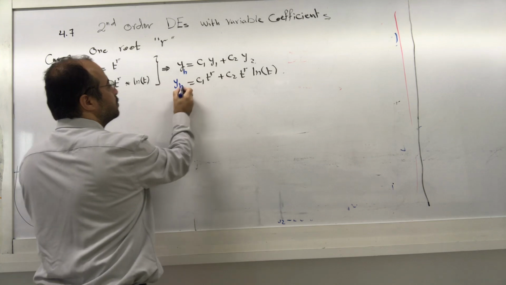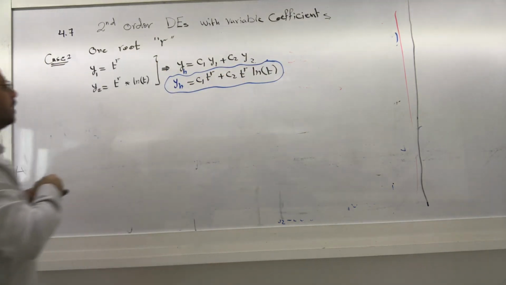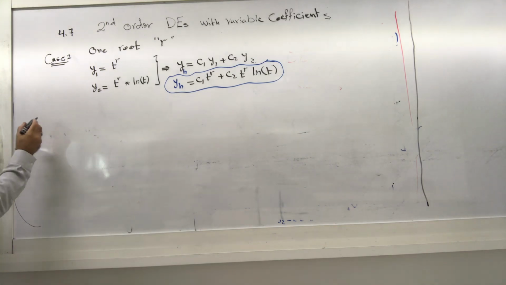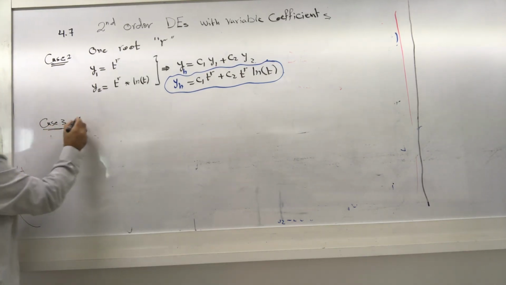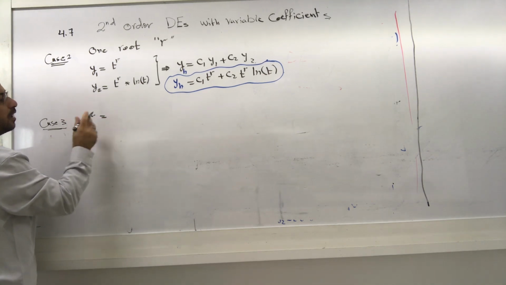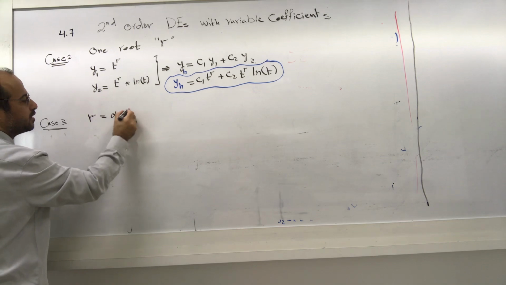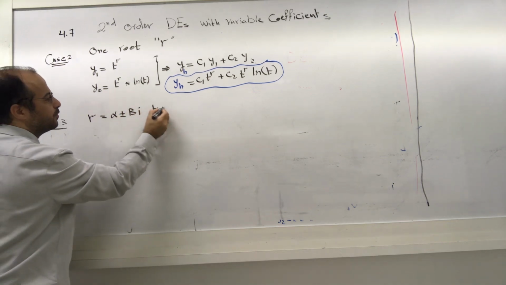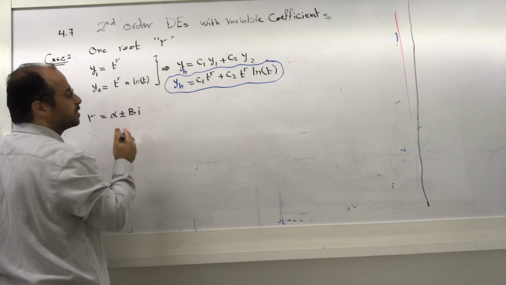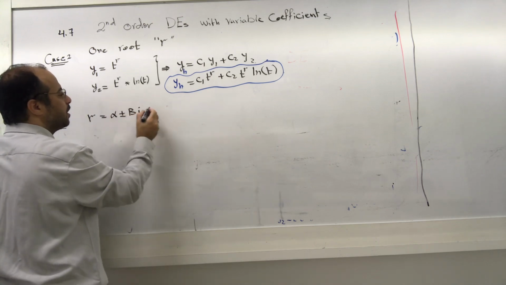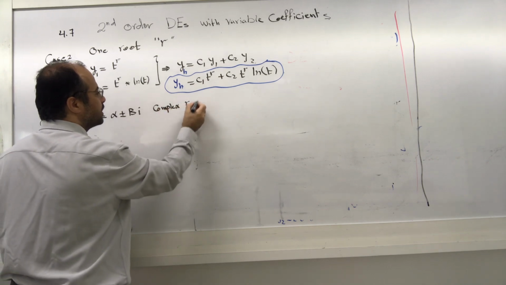So let me go with case number 3. If you are getting r to be two complex roots, alpha plus minus beta i, they are complex conjugates. So complex roots, yeah?